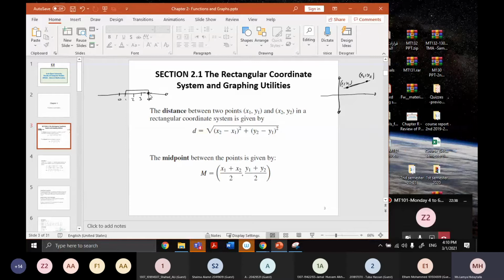If we call this a point, and this is the other point, so this is the point x1, and this is the point x2. So what is the distance between x2 and x1? It is just x2 minus x1, which is 4 minus 1, which is 3, correct? It is 4 minus 1, which is x2 minus x1 here.